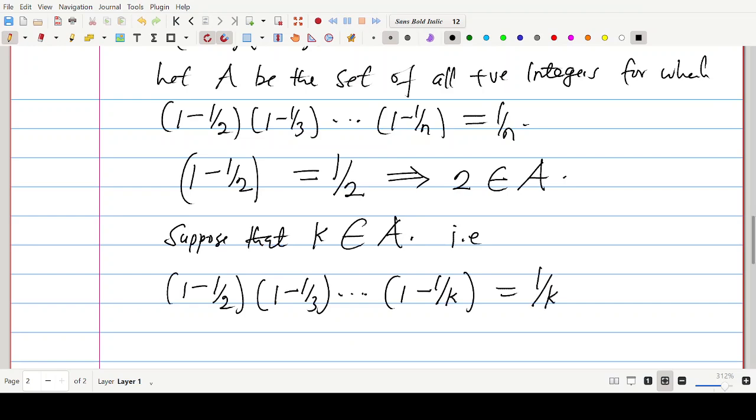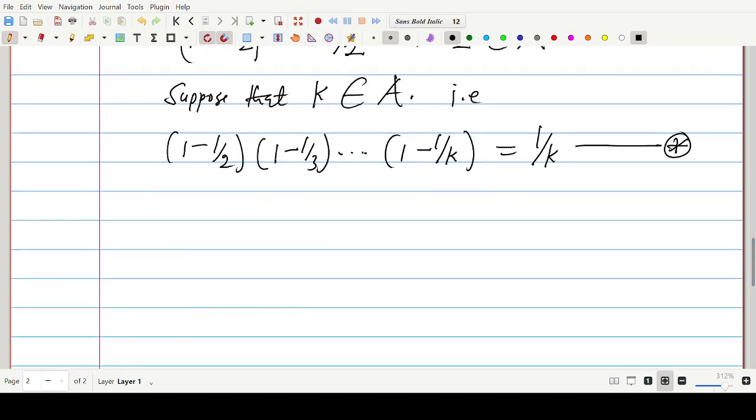We suppose that this is the case. And let's call this a star. All right? Then we shall prove that this supposition will imply that the statement is true for the positive integer k plus 1.